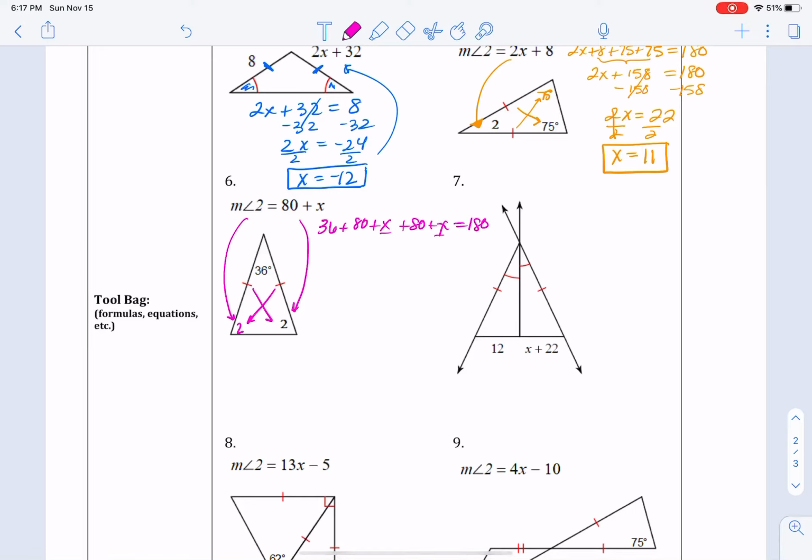So I have two x's. 80 and 80 is 160, plus 36 is 196. So 2x plus 196 equals 180. Subtract 196 from both sides. 2x equals negative 16. x is negative 8.